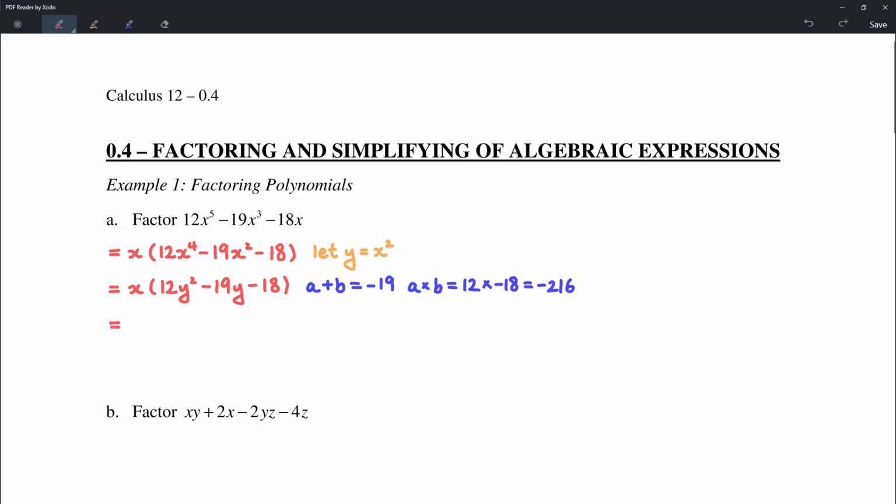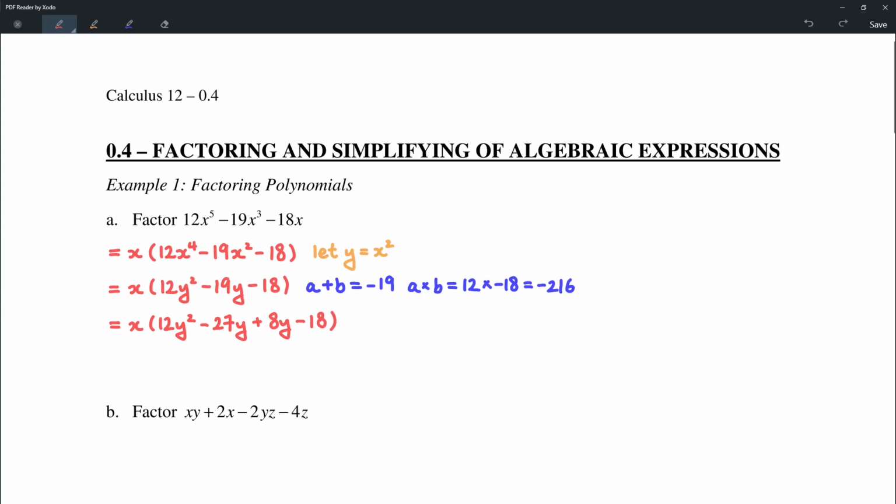Okay, so those two numbers will be negative 27. So we have here negative 27y, and then positive 8, so plus 8y. So the goal was to split up the middle term in the quadratic expression, as we have done here.